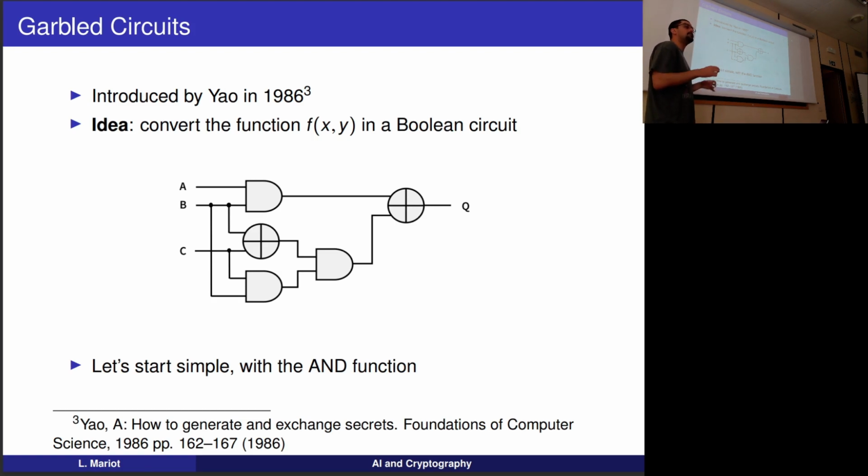We want to compute the output of this function without revealing the private inputs x and y. So the idea is to convert the function into a Boolean circuit, and then we garble this circuit in a certain way so that we can implement this secure multi-party computation of this function.